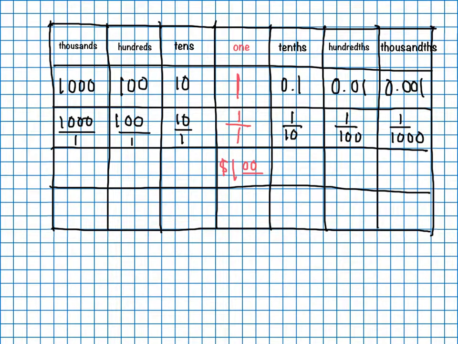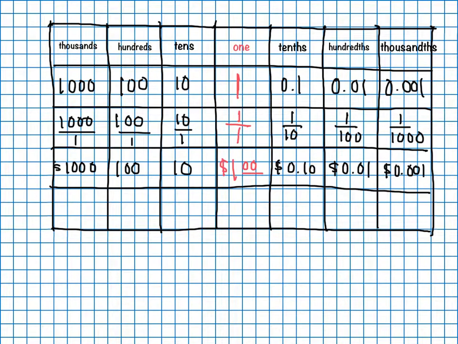And then in terms of a monetary value, this is going to be 10 cents, this is going to be 1 cent, and this is going to be 1/10 of 1 cent. This will be $10, this will be $100, and this will be $1,000.